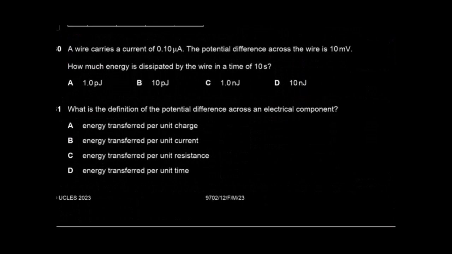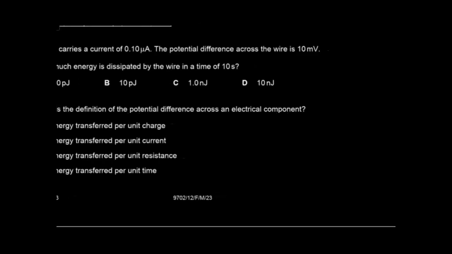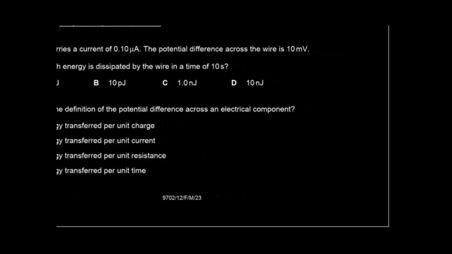A wire carries a current of 0.10 microampere. The potential difference across the wire is 10 millivolt. How much energy is dissipated by the wire in a time of 10 second? We know that power is equal to potential difference times current. Power is energy per unit time, which is equal to VI.